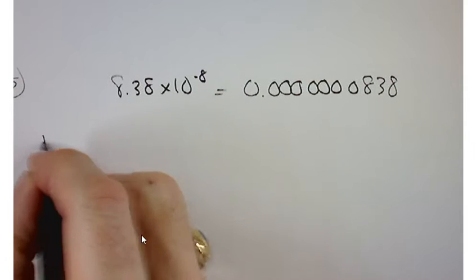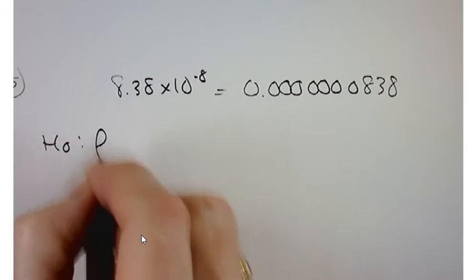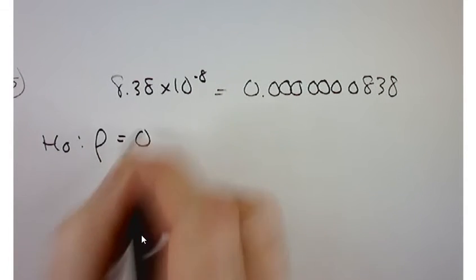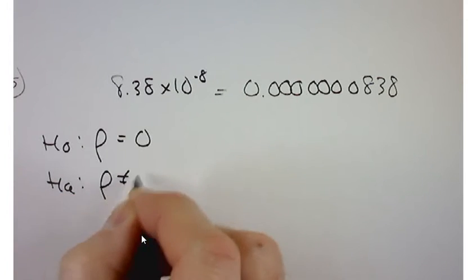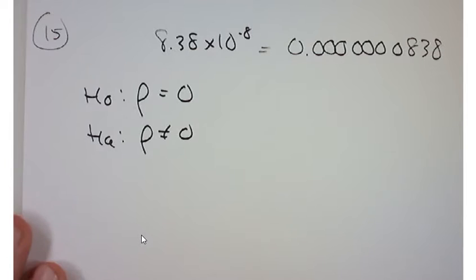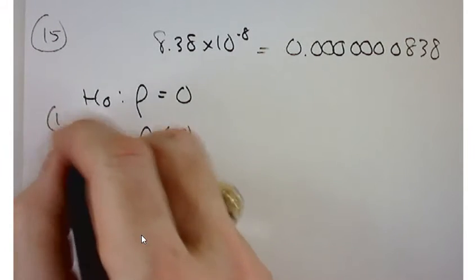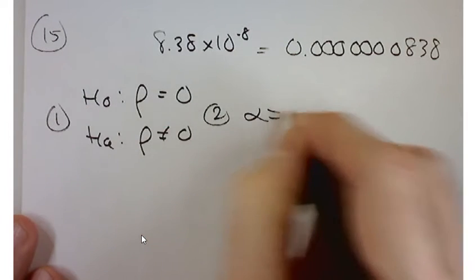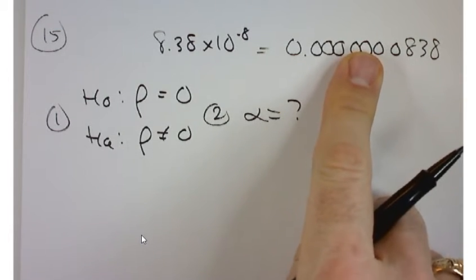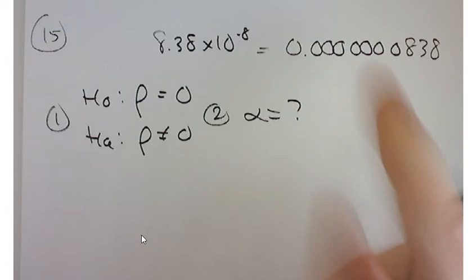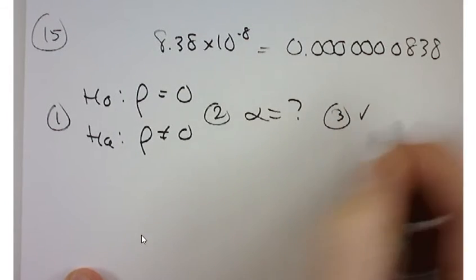Let's finish this hypothesis test. We're going to test rho equals 0 versus rho not equals 0. That is a linear correlation. Does it matter what alpha is? This is going to be smaller than any alpha that you can reasonably come up with. So if we're good there, we entered our data.